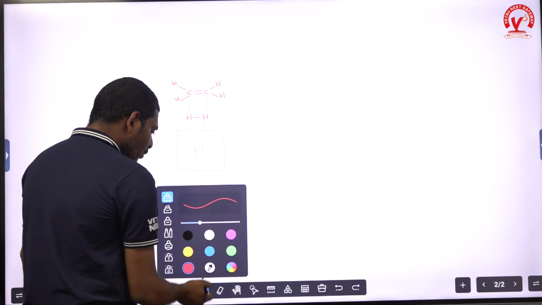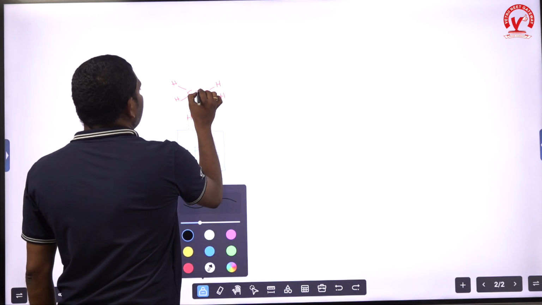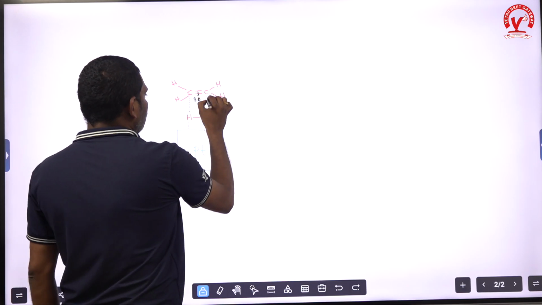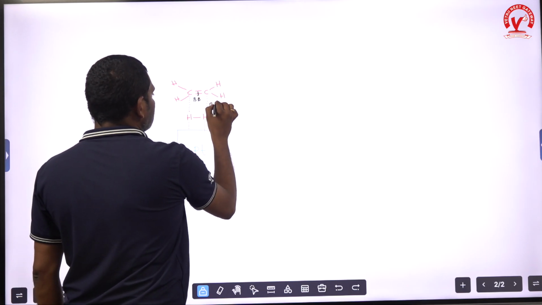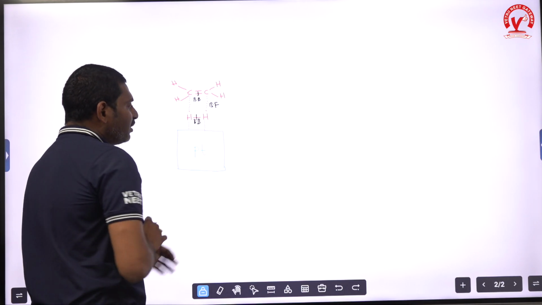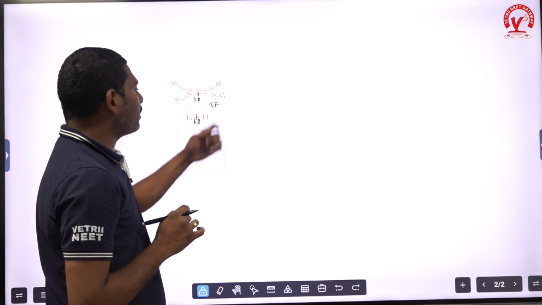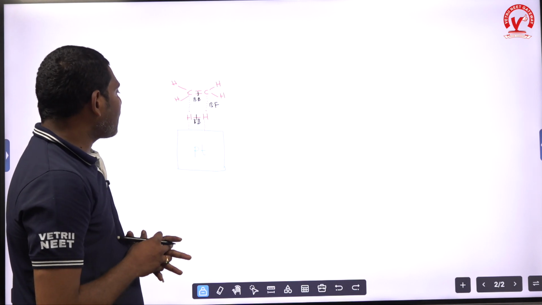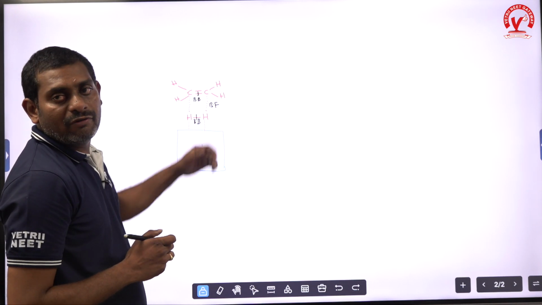Then slowly these old bonds break and new bonds form. The hydrogen-hydrogen bond will break, and the carbon-hydrogen bonds will form.